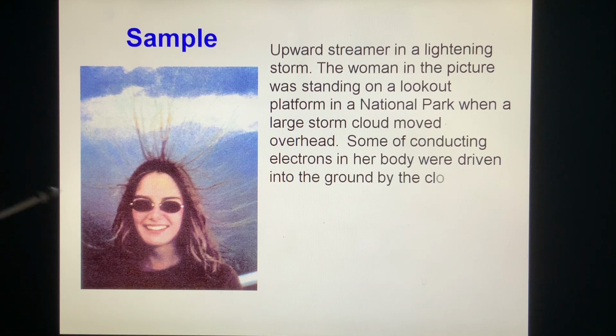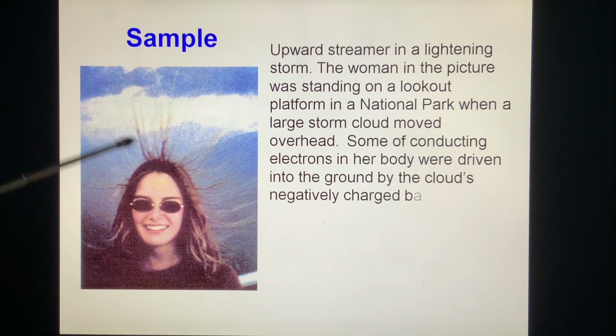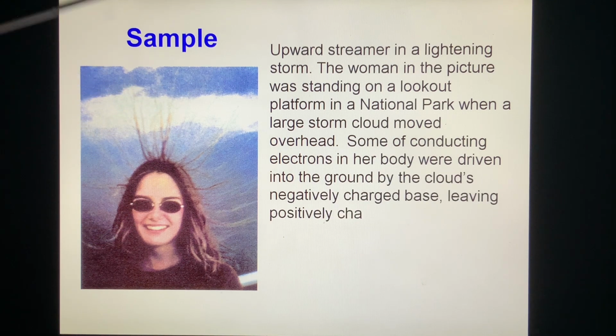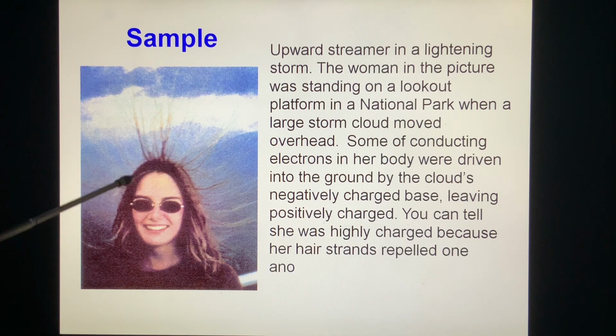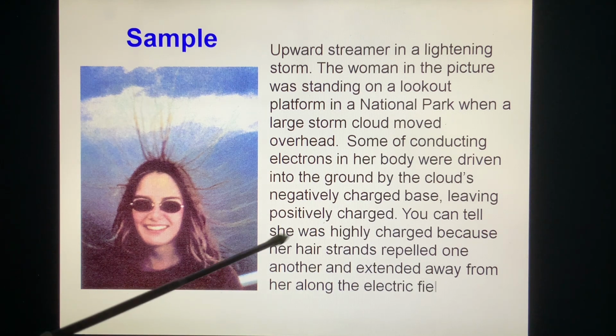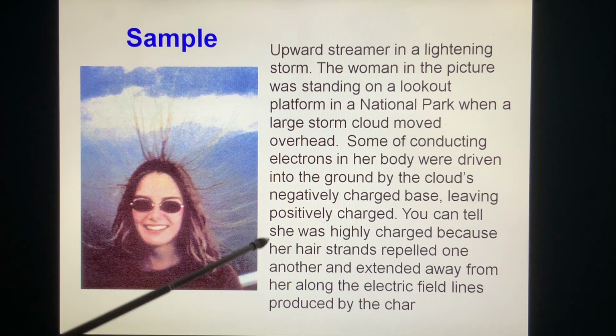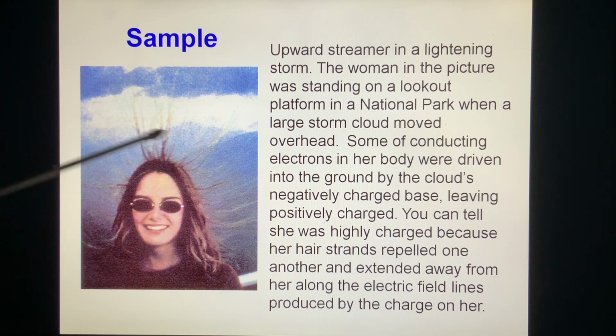Some of the conducting electrons in her body were driven into the ground by the cloud's negatively charged base, leaving her positively charged. She was highly charged because her hair strands repel one another and extend away from her along the electric field lines produced by the charge on her.